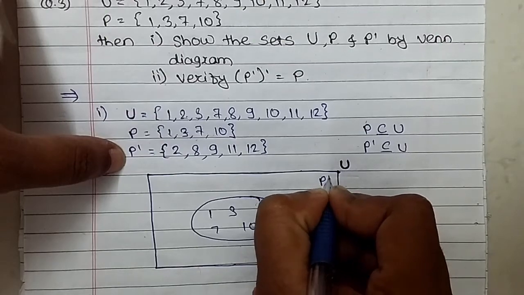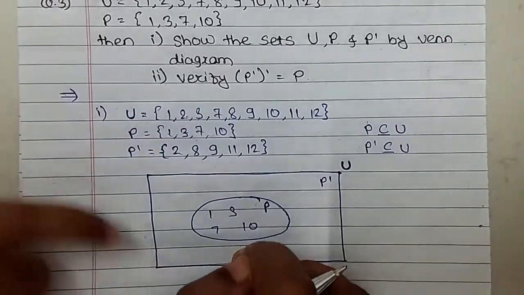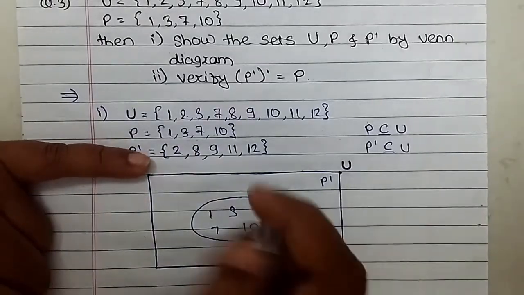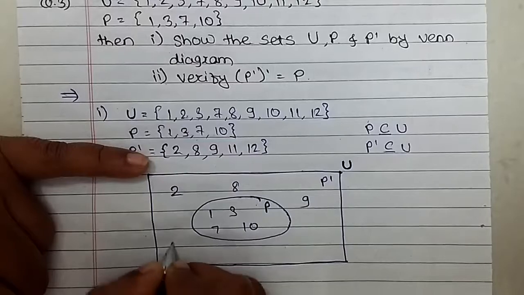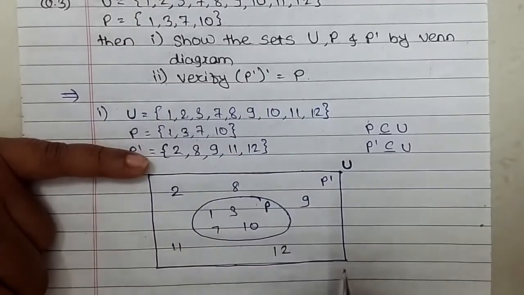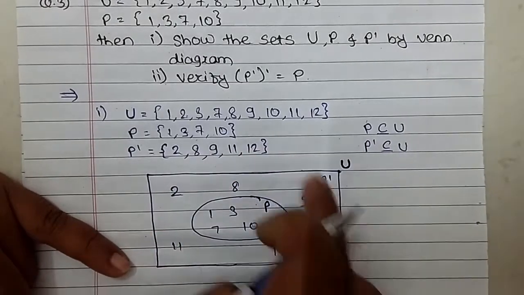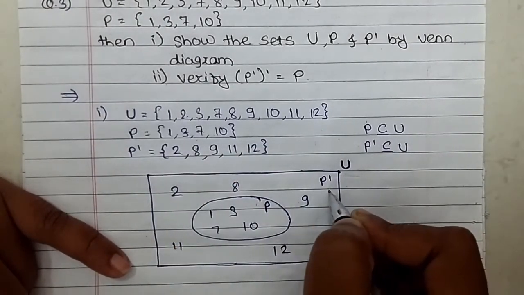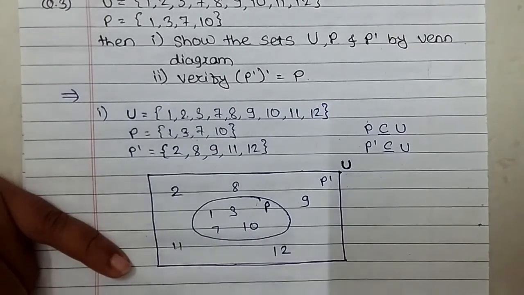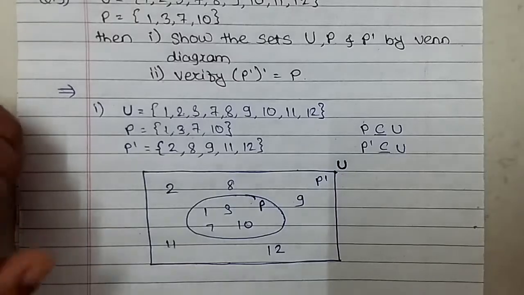Write P dash and write all the elements which are not in P, that means which are in U, that is 2, 8, 9, 11 and 12. Understand this? That means this whole diagram represents the Venn diagram of the universal set U, P dash set and P set. Okay.